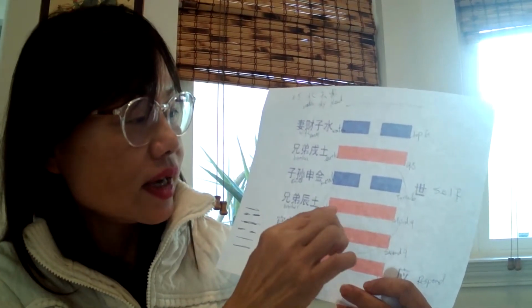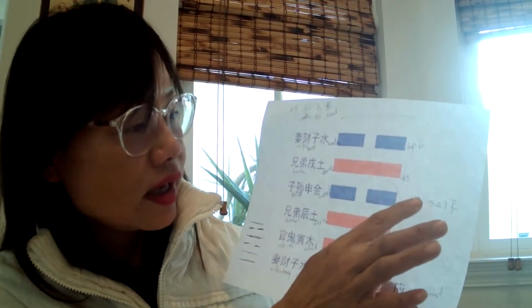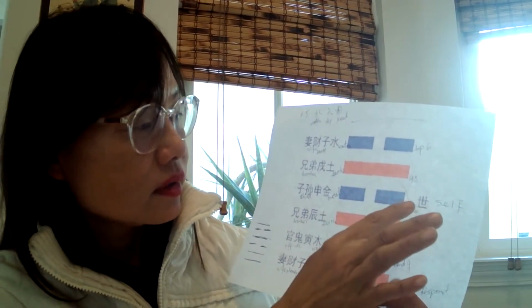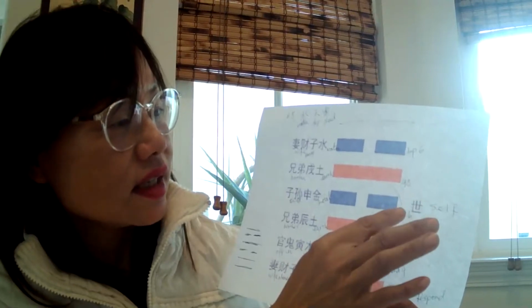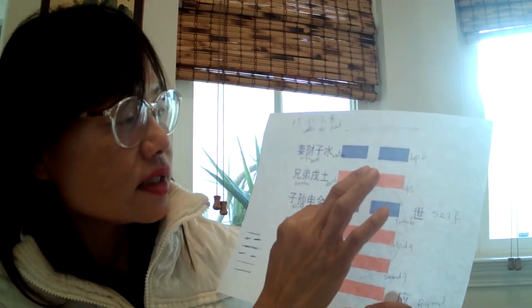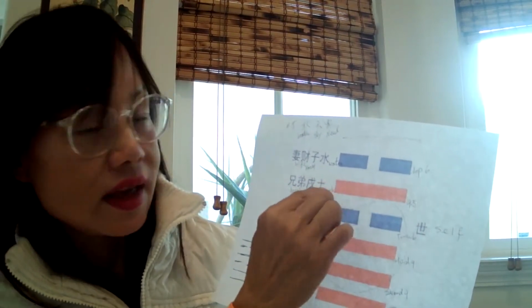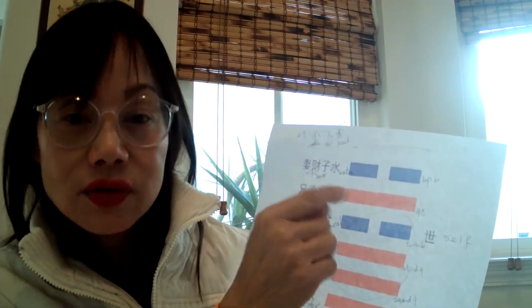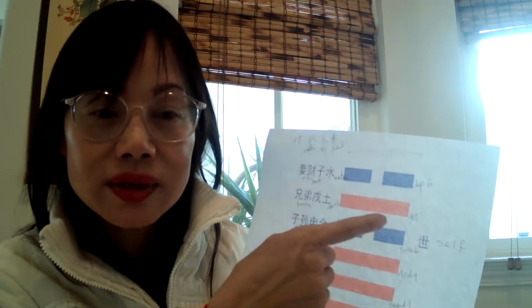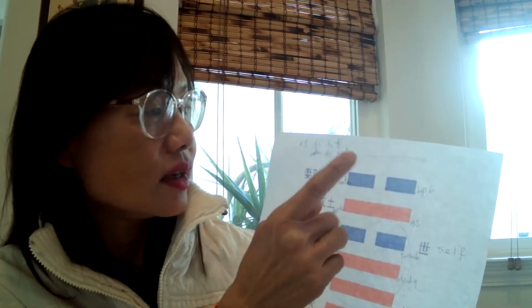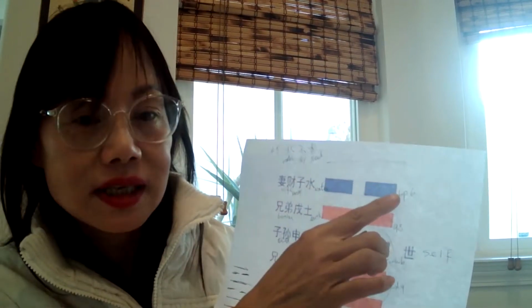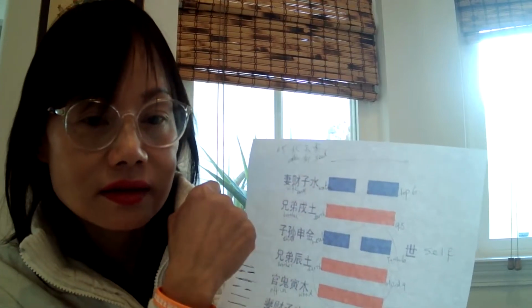Third 9 is earth. Fourth 6 is metal. 95 is earth, because Kun is earth also. So this is a very good position. All right, and top 6 is water.